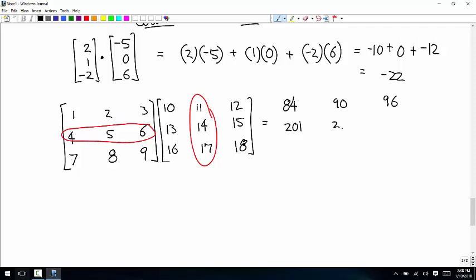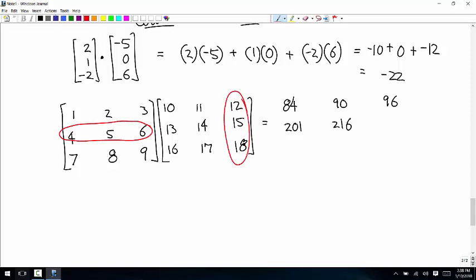And I have 216 for that one. For the 2, 3 element, we're still on the second row, and now the third column. And the dot product of those two gives 231.